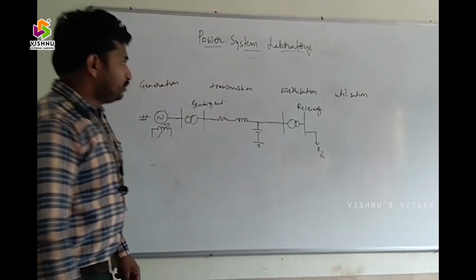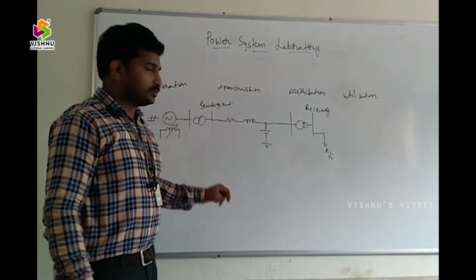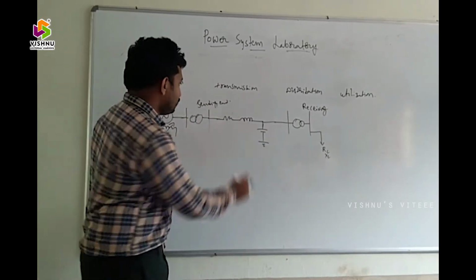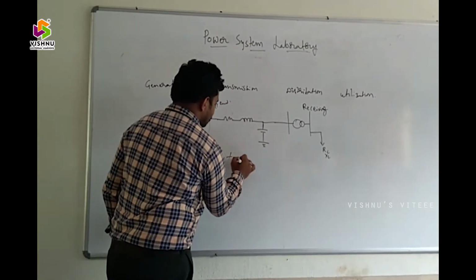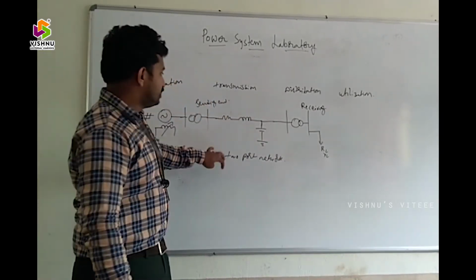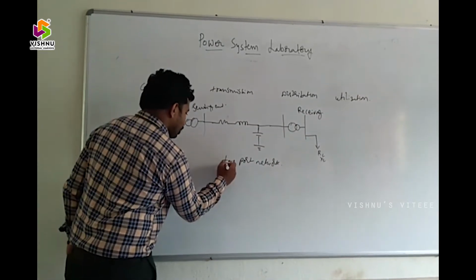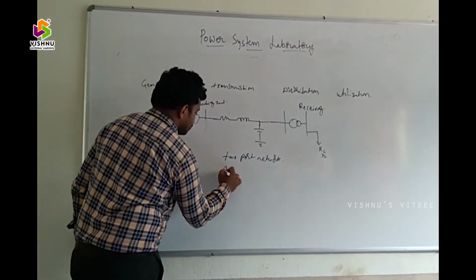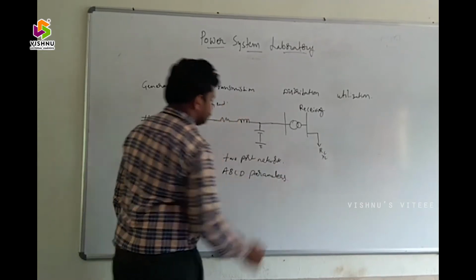What will be the appropriate parameters we can use for this power system? Since it has two ends, sending end and receiving end, we can equate this network with a two-port network. The appropriate parameters we can use for the power system are the ABCD parameters.